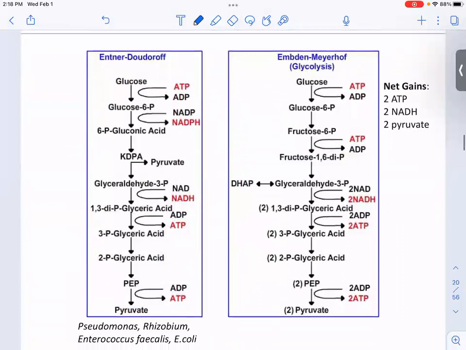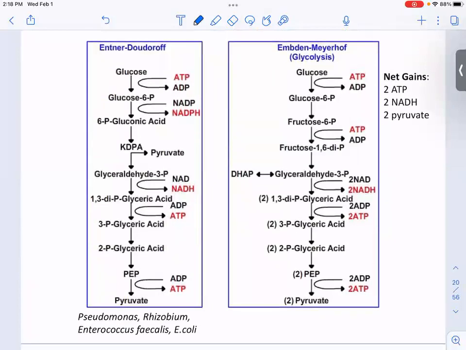So here's our Embden-Meyerhof glycolysis, and we're going to compare that to a pathway called the Entner-Doudoroff glycolytic pathway that only some bacteria do. Let's look first at the Meyerhof pathway here, which has a little bit more detail drawn in.